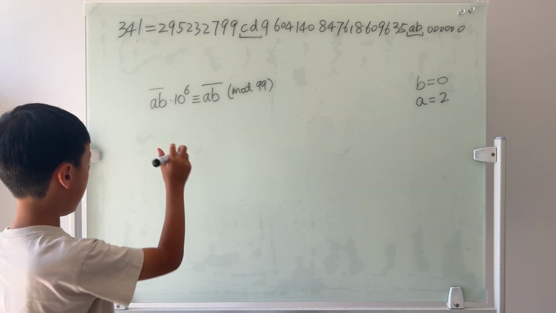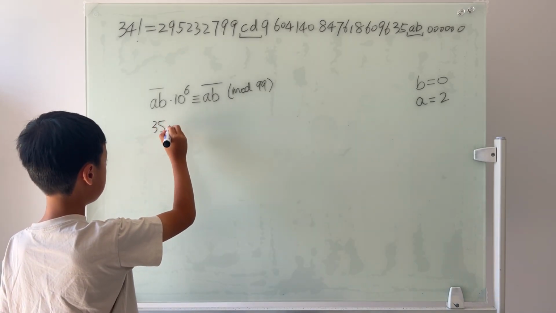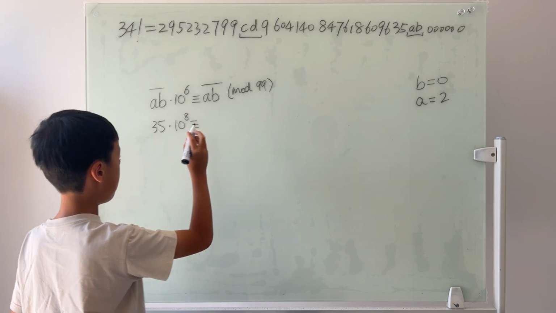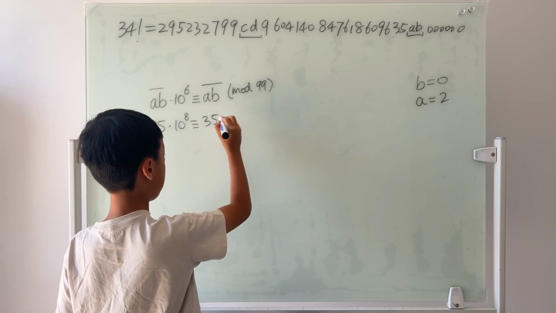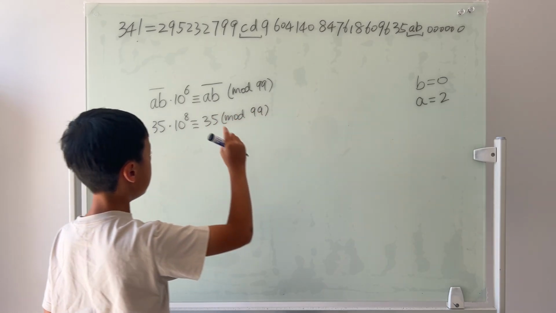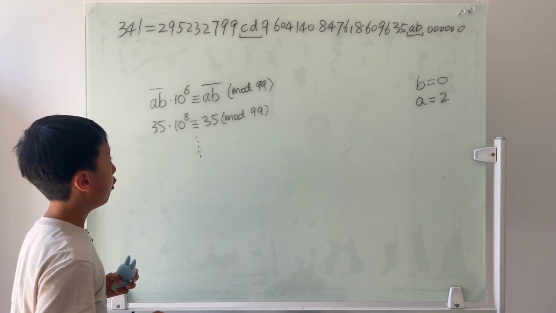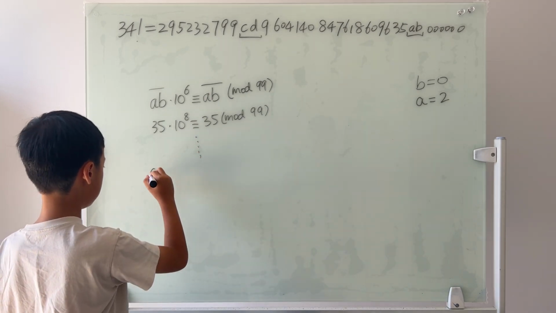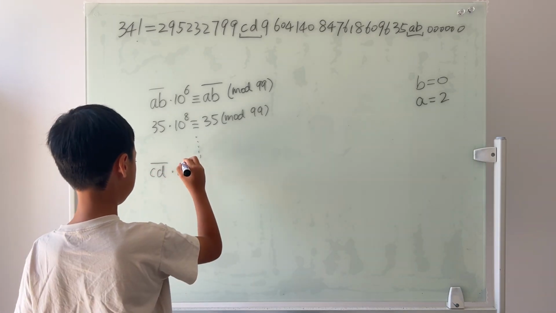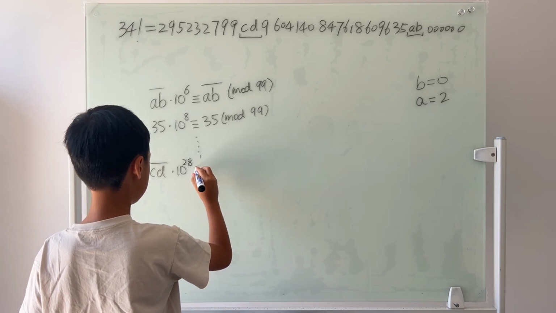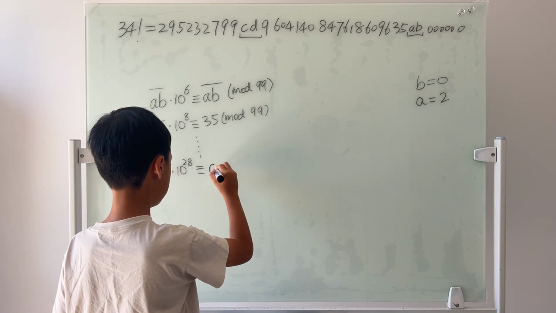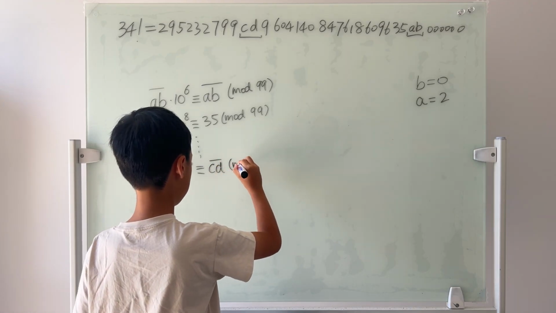Now let's go to 35. 35 times 10 to the power 8, which is congruent to, 8 is an even number, so it's congruent to 35 mod 99. And we can go all the way to CD. So it's CD times 10 to the power of 28. And this is congruent to, 28 is an even number, so this is congruent to CD mod 99.